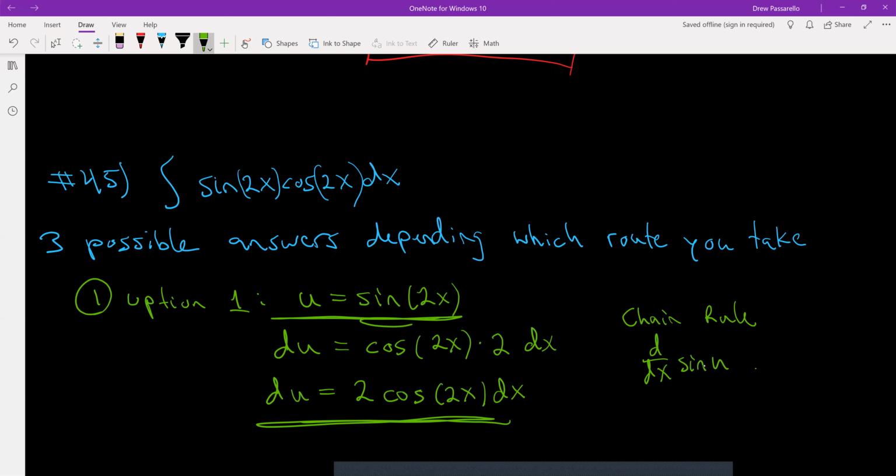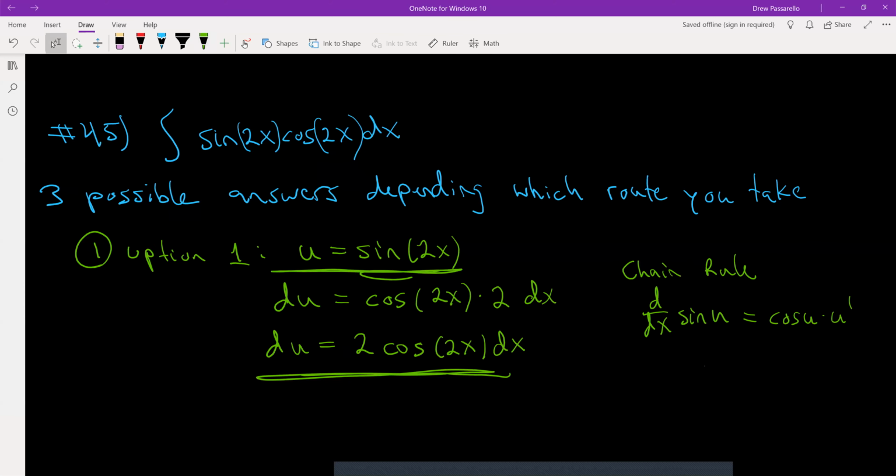So that turns into cosine u times u prime. In this case, for sine of 2x, it comes into cosine of 2x times u prime. u in this case is 2x, so that's where I get times 2 from. So that's one of my options, is I could let u be sine of 2x, and then du is going to become 2 cosine 2x dx.